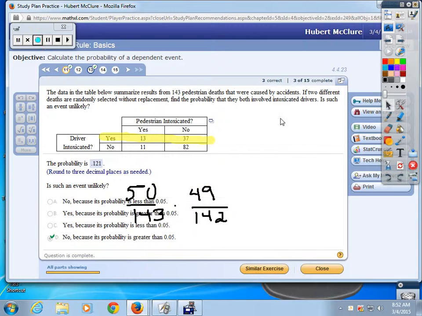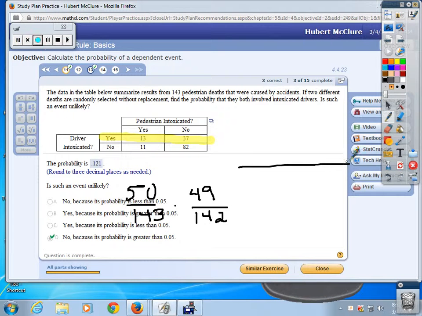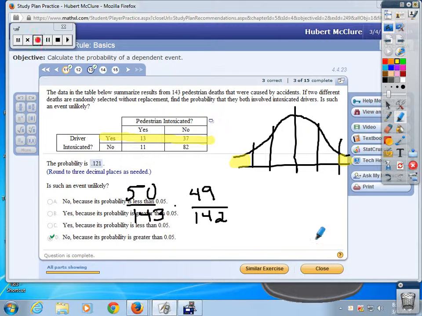Now see, I know where they're getting that 5% from. They're getting it from here. So let's look at it. The 5% they're talking about is right there, correct? Now, if it's greater than 5%, that means it falls in here. And what is this right here called?